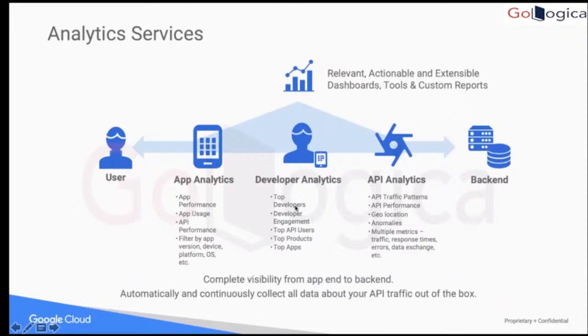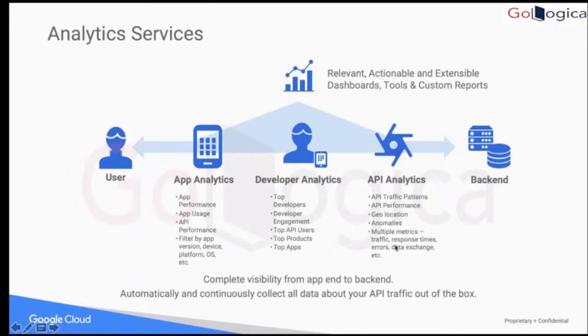From developer, you can check who the top developers are, who are building a lot of apps. Developer engagement: how many calls they are making, are they making them faster, are there too many requests, or are they not getting engaged properly and have just built an app and forgotten those things. You can find the top API users, top products, top apps, all those things here.